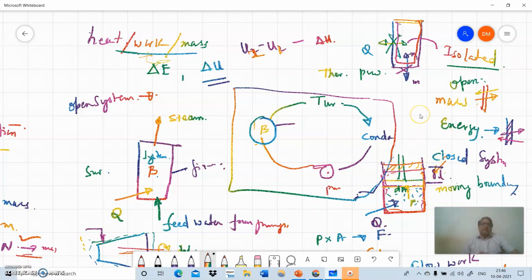Okay. So like this, you try to find out the different examples. A cooker is an example of an open system. A thermos flask, if it is an ideal thermos flask, must be an isolated system. Like this, you try to identify the different components and try to learn more.